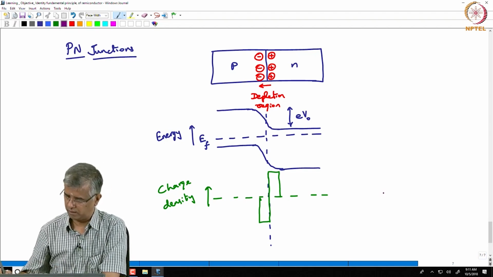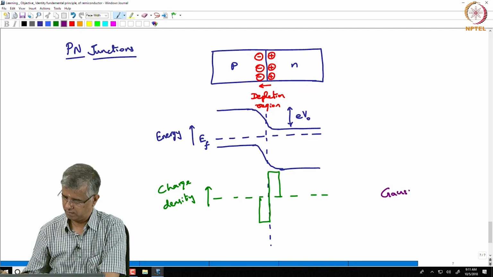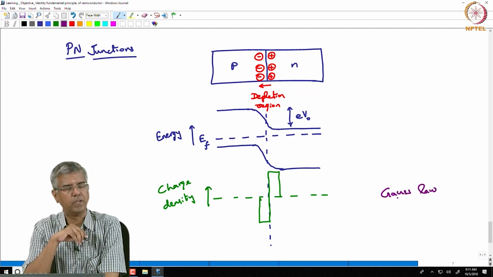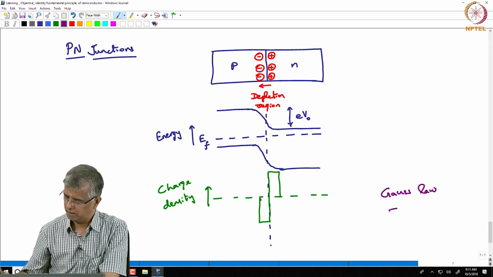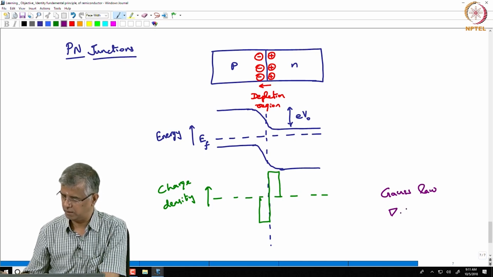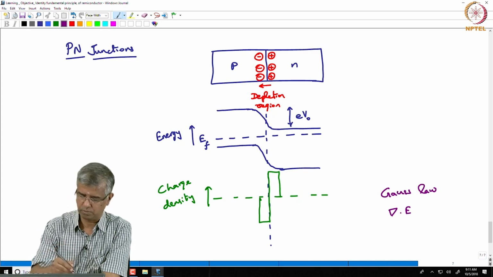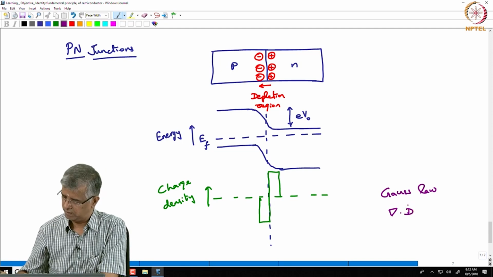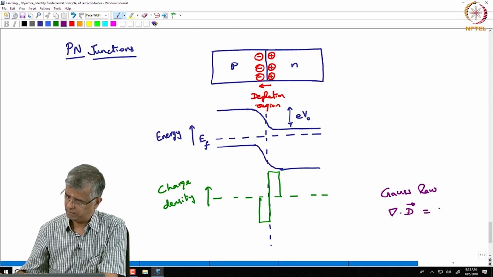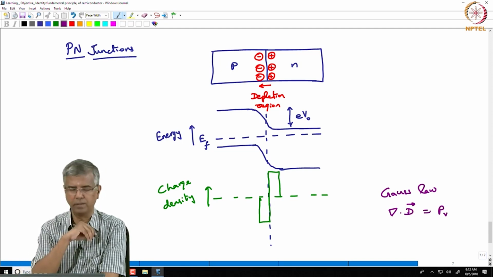So, Gauss's law tells us that whenever you have these fixed charges, you have a divergence of the electric field, or basically you can just say del dot D equals rho B, right.